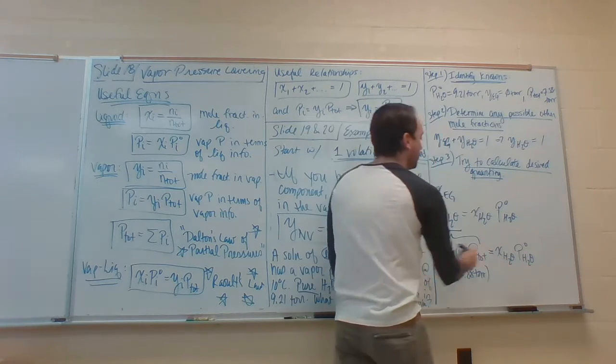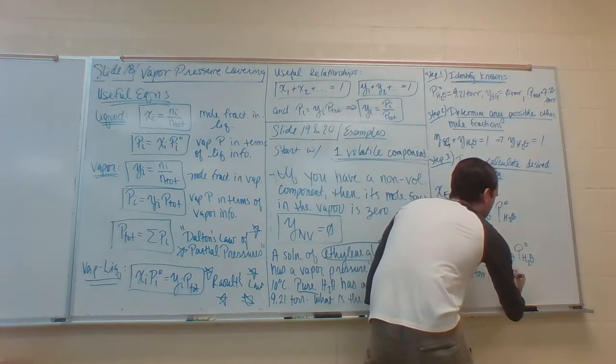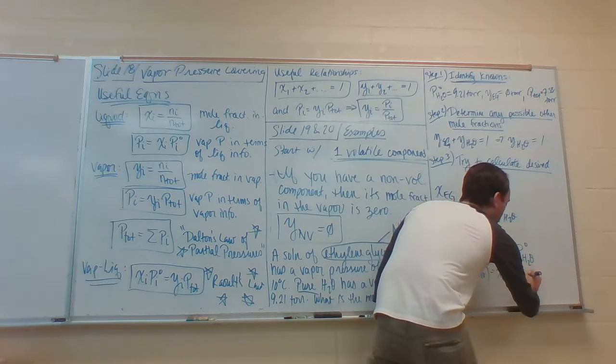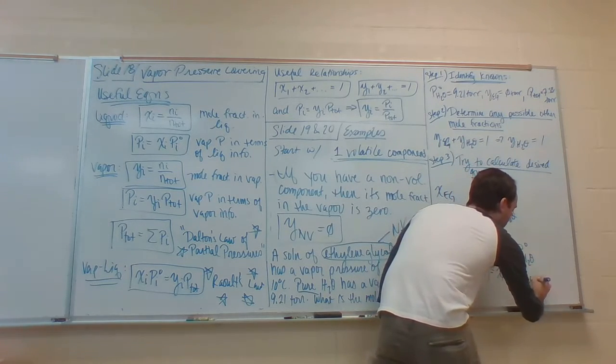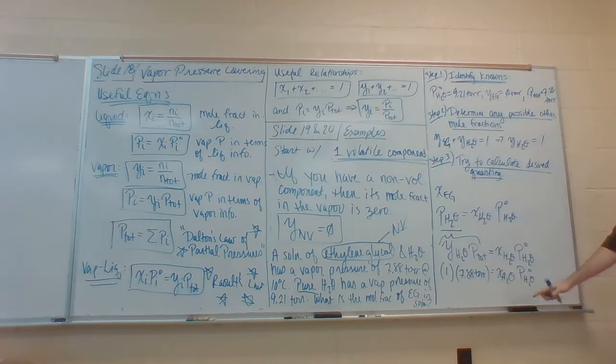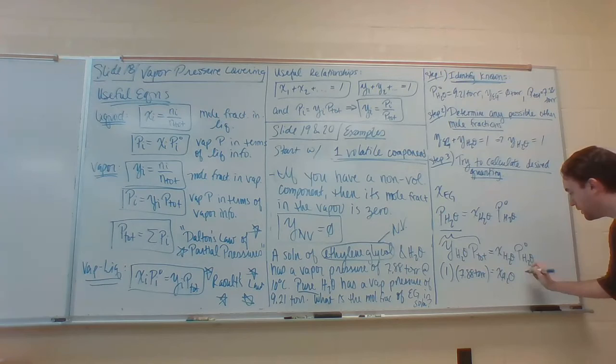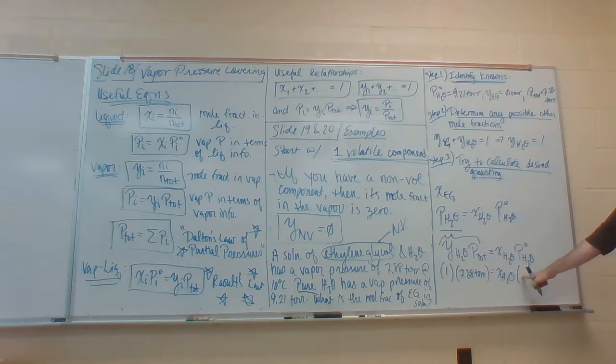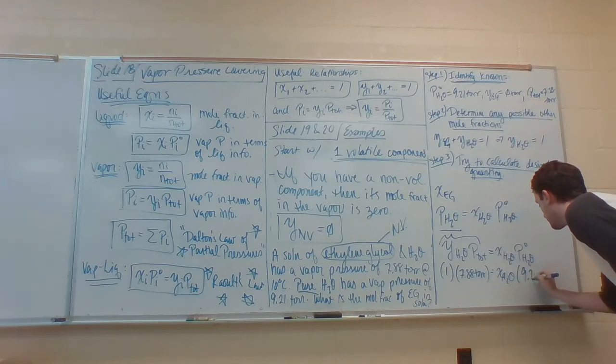Over here on the right, we have our mole fraction of the H2O times our pure component vapor pressure of H2O. We don't know our mole fraction of H2O in the liquid, but we do know our pure component vapor pressure. This was equal to our 9.21.